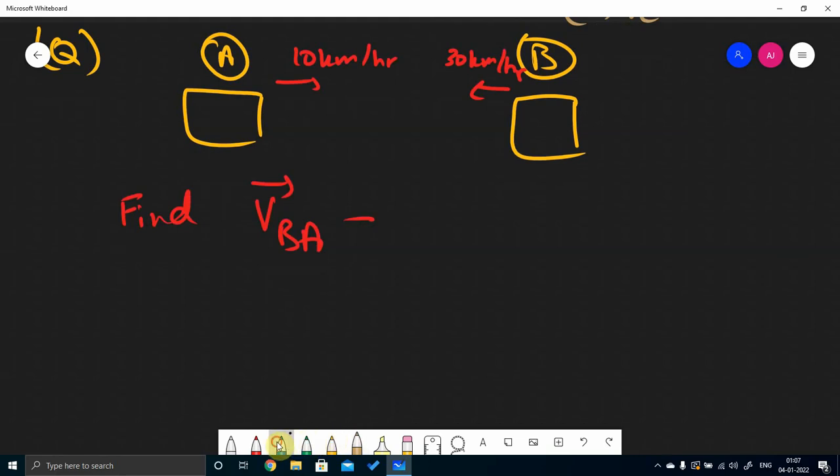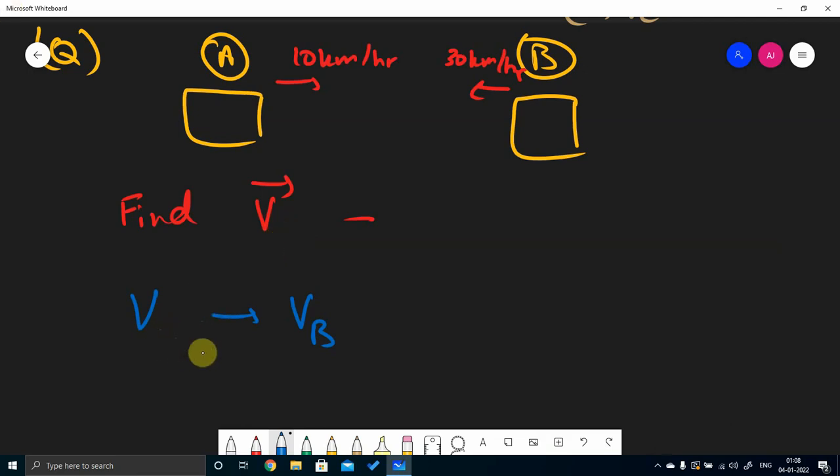So now we need to find the VBA vector, right? So how do we do this? Again, what does VBA mean? It means velocity of B. Okay, I'm really sorry. I keep making this mistake over and over again, and I realized it this time too.